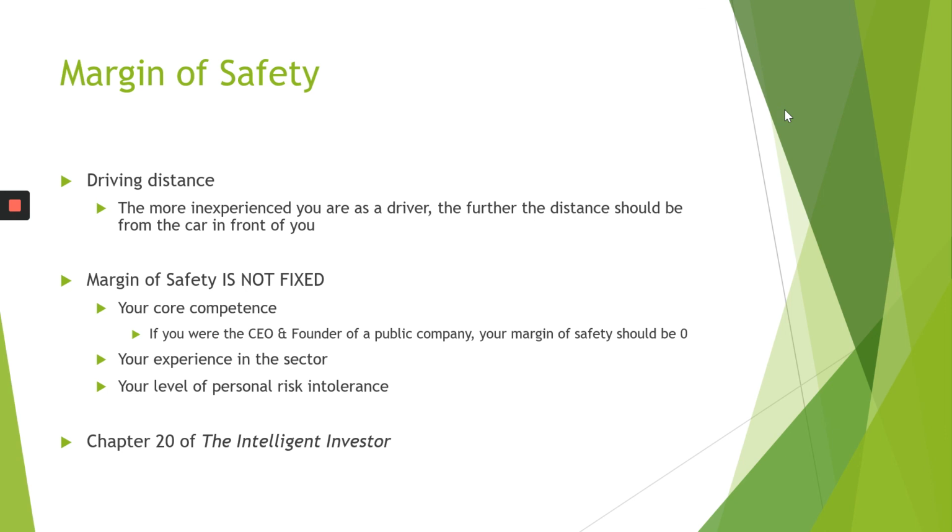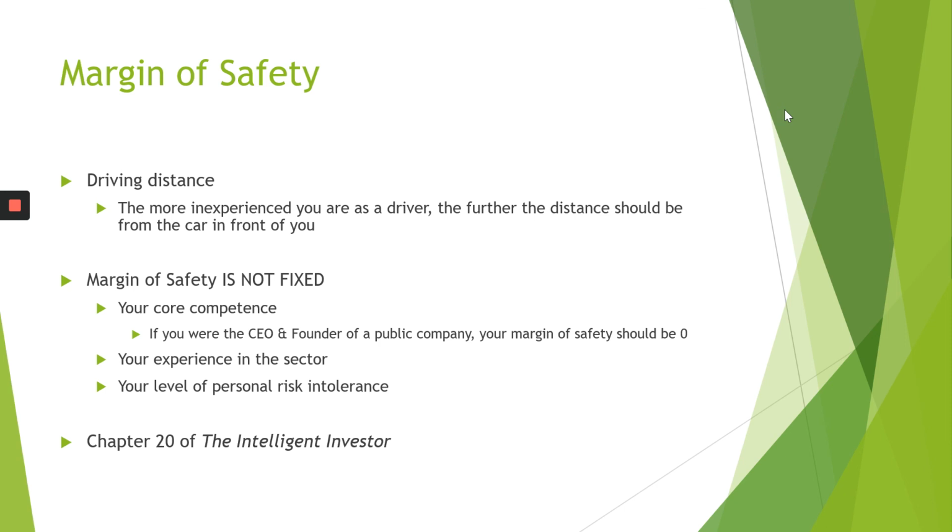If you are interested in the theoretical basis behind margin of safety, then I would recommend getting The Intelligent Investor. It's chapter 20 in that book, which is the last chapter. And I have mixed opinions about The Intelligent Investor. I think it's the most overrated book in investing, but it's definitely worth the money just for this chapter alone.